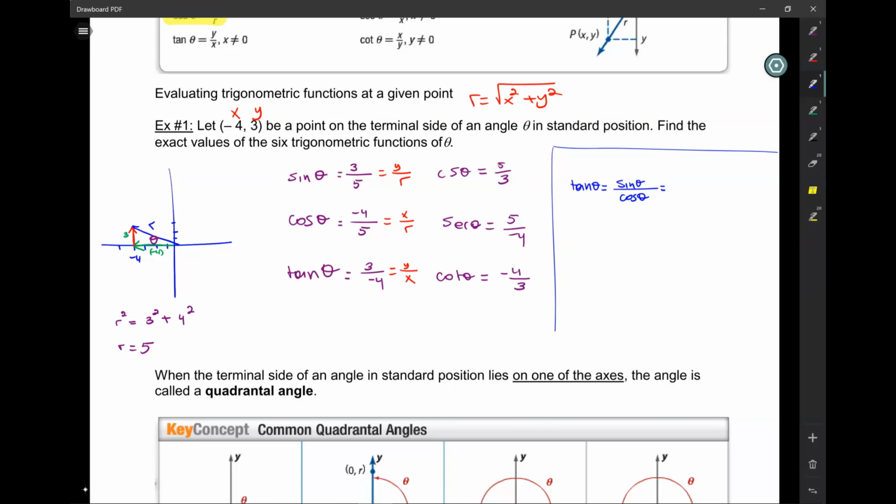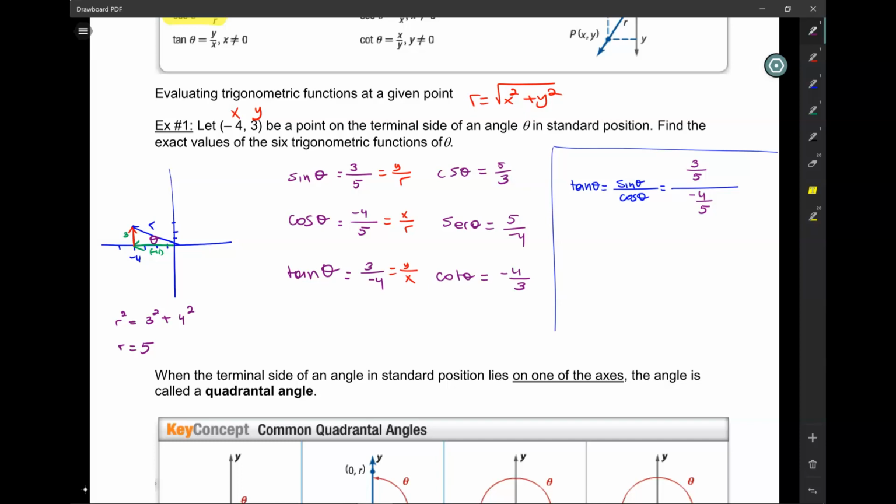Well, here in this problem, what's sine of theta? From here? Right, which is 3 over 5. Cosine of theta is negative 4 over 5. Okay? So now we have a complex fraction, a fraction within a fraction.